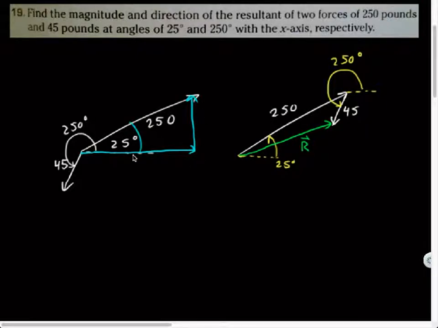I think that will be easier. And if I could represent each vector as its own ordered pair, then I could just add them, and that would at least give me the magnitude to start with, right? Wait, why can't you do Pythag here? Yeah, none of these angles are 90-degree angles.